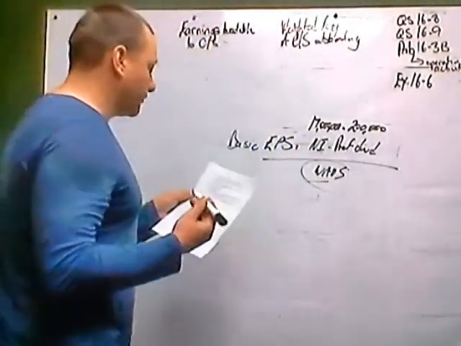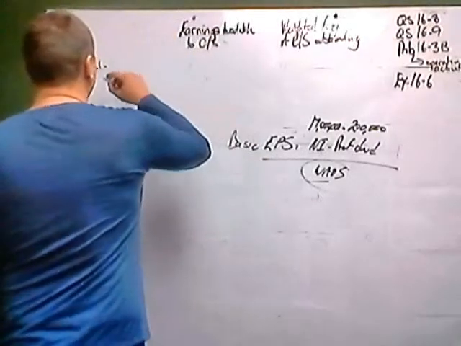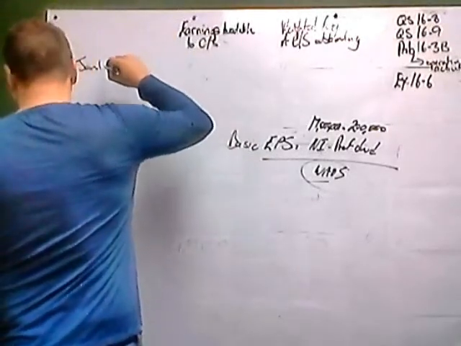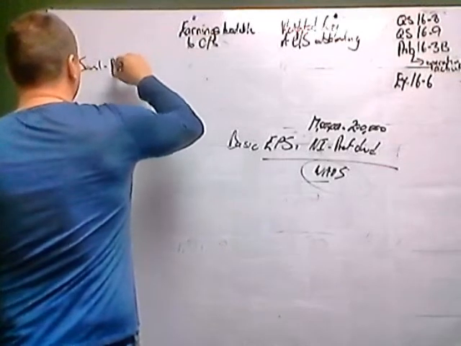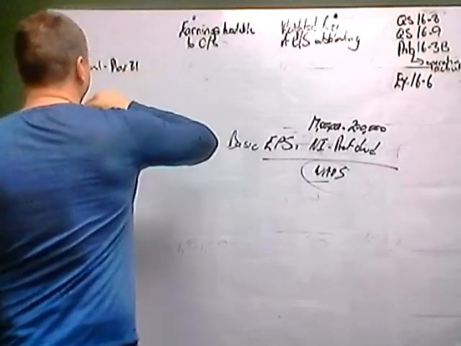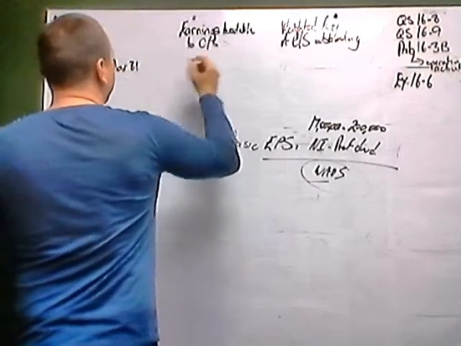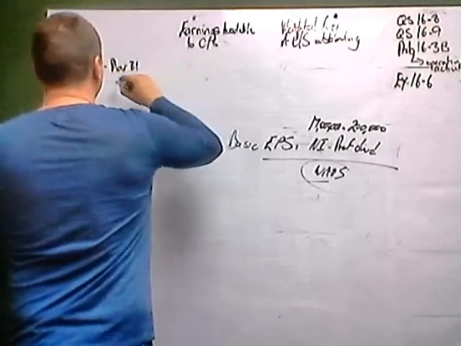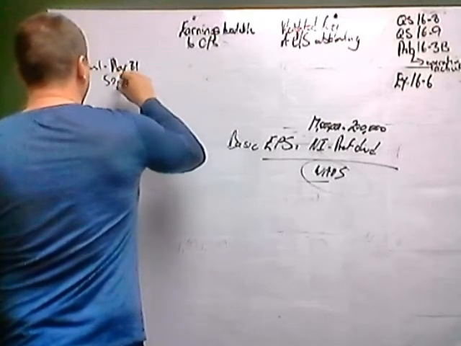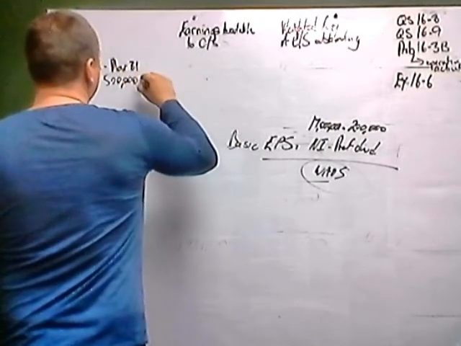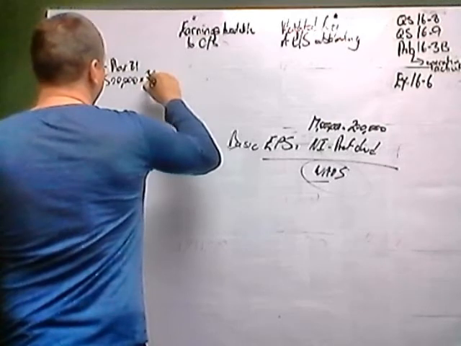Why? Because we started with 500,000 common shares, January 1st to March 31. So here I'm just going to put 500,000 times 12.